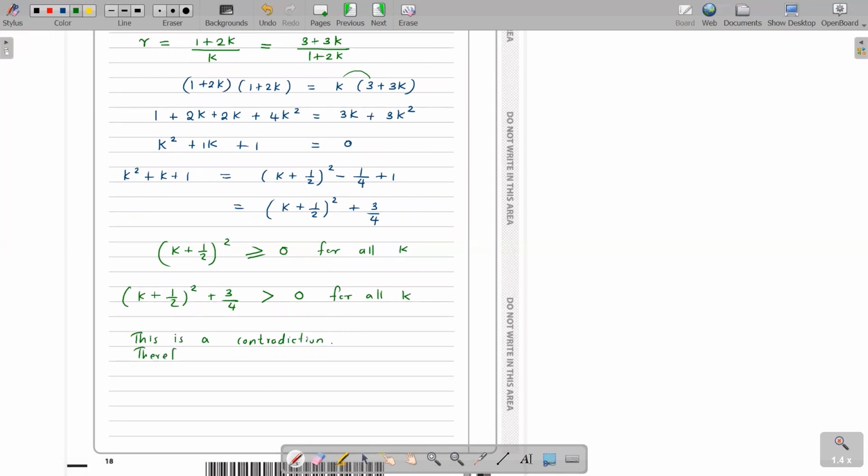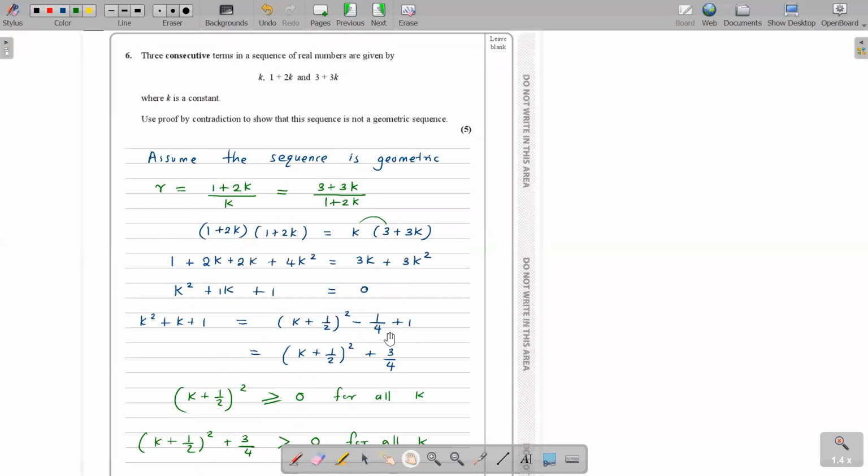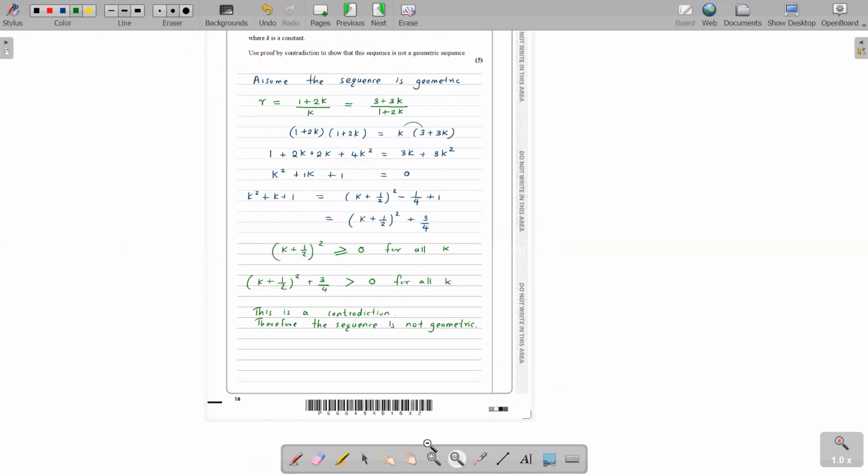Therefore, the original statement, what's the original statement? Therefore, the sequence is not geometric. Okay, so this is it. This is the proof by contradiction.